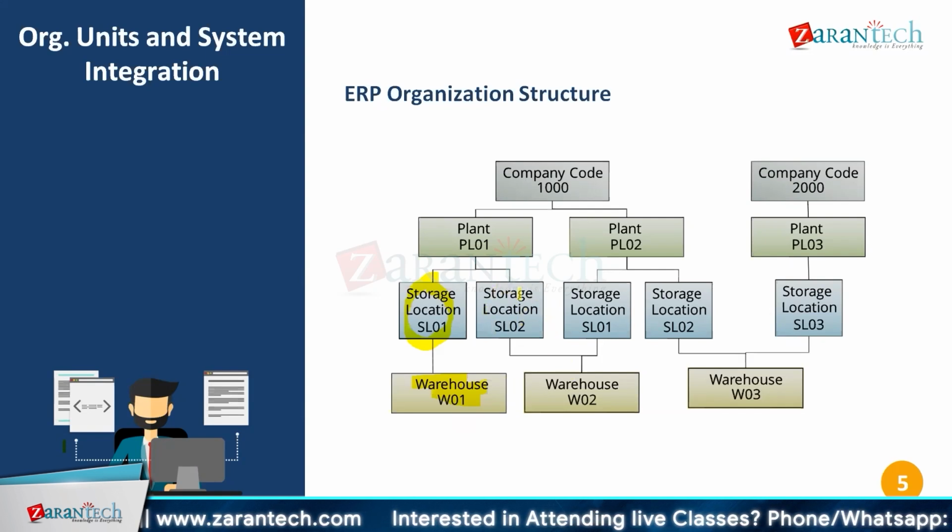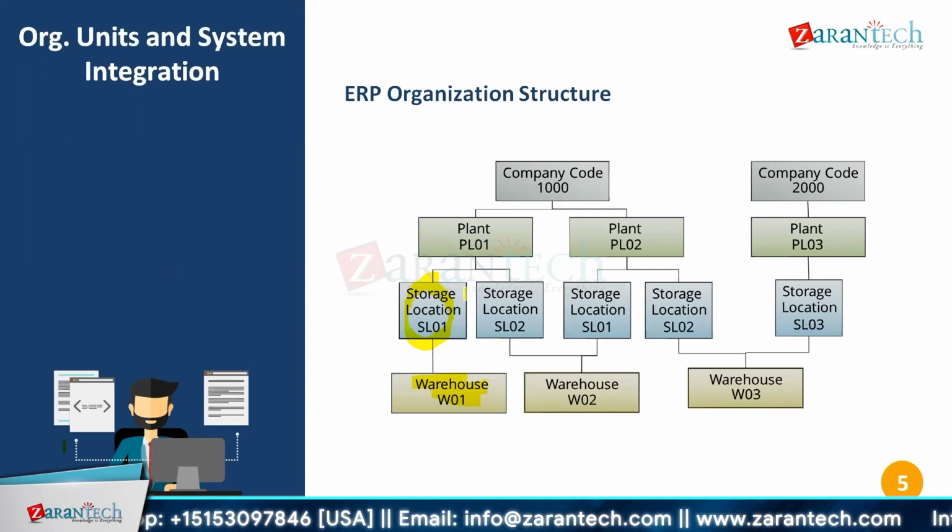For example, for store location SL02, the finished product store location, we assign a separate warehouse W02, which may be an external facility a few miles away, or the company's own facility a few miles away, because of space constraints you're using a different warehouse.